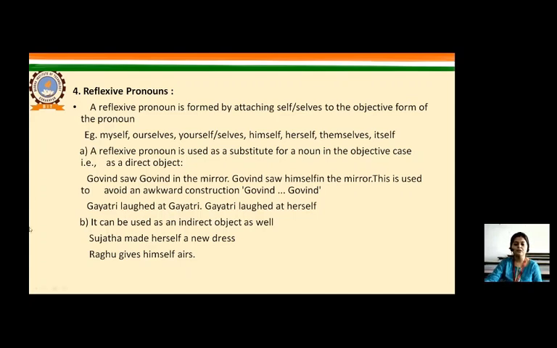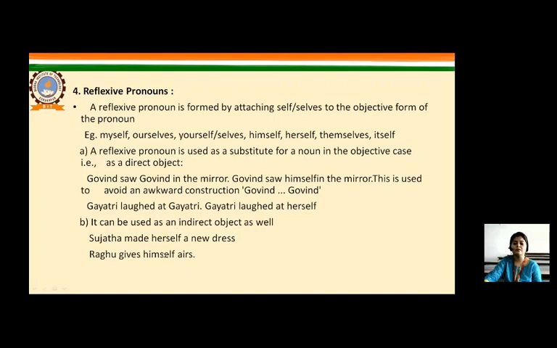So the direct object is a new dress, and the indirect object is herself. This is telling you that the dress was made by her, and what was made? A dress was made. So the direct object is the dress, the indirect is herself, and you are using a reflexive pronoun as an indirect object.